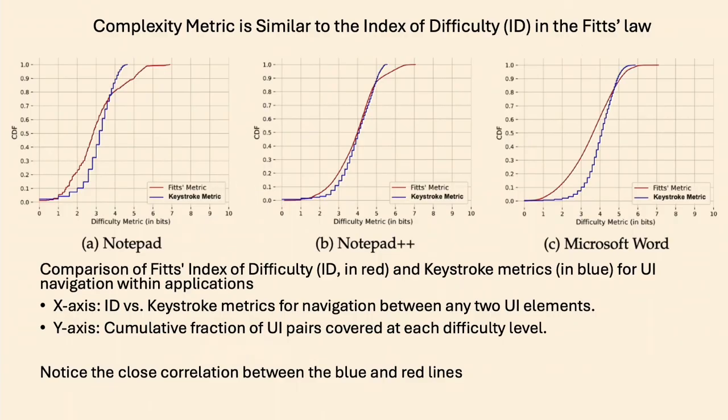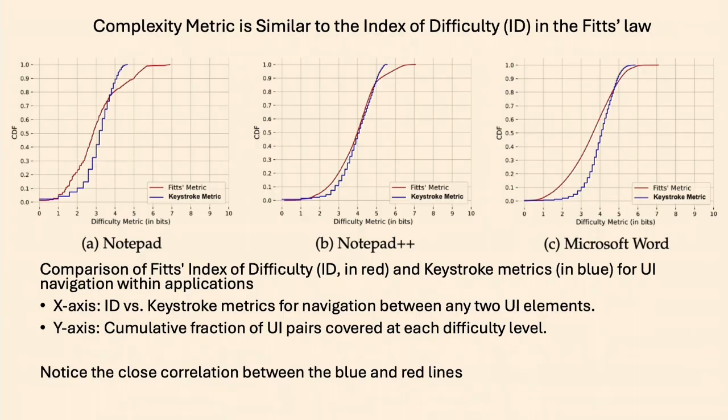We also plotted our complexity with Fitts' law, the index of difficulty of Fitts' law. It's a little complex to explain, but what I'm trying to show here is the correlation. The green line is the Fitts metric, the original Fitts' law, using the visual distance and the cursor. And the blue line is our metric using the probabilistic model we just described.